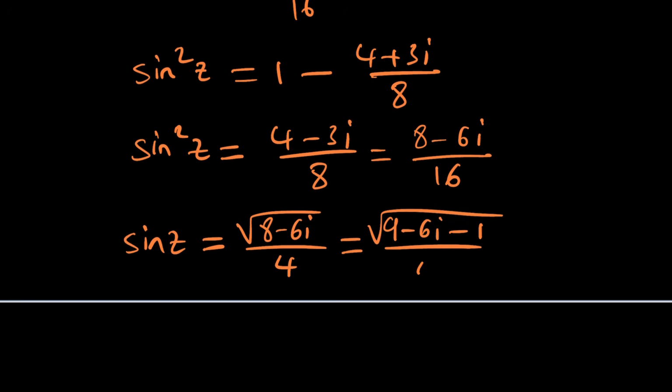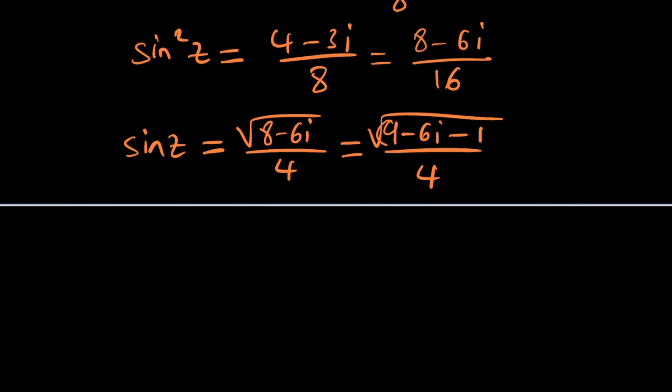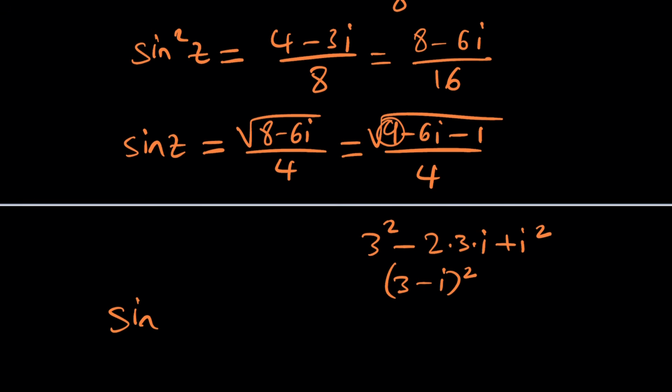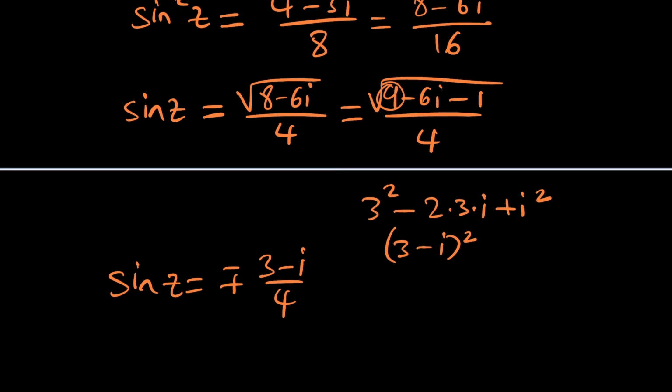This is going to be 3 squared minus 2 times 3 times i, and this will be i squared. That's equal to 3 minus i squared. With the square root plus minus sign, sine z is going to be plus minus 3 minus i over 4. That's the result.